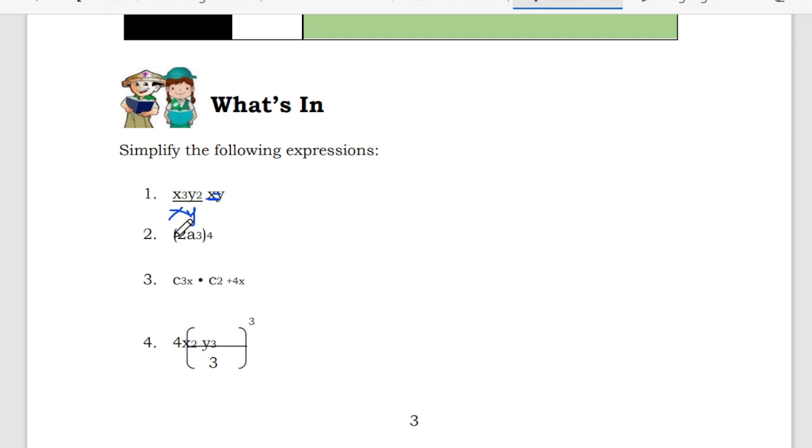Another is 2a cubed raised to an exponent 4. And then here, this must be an exponent, 3x.